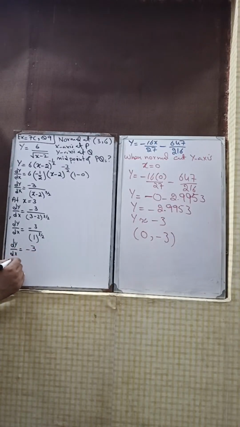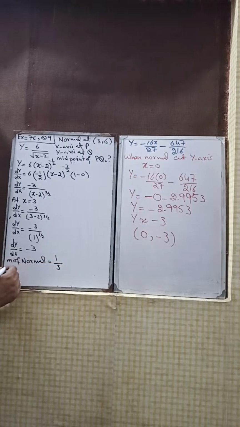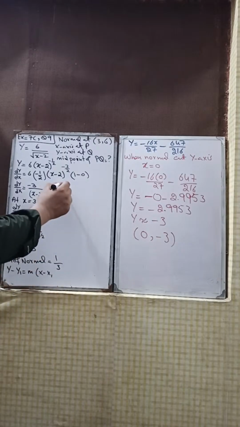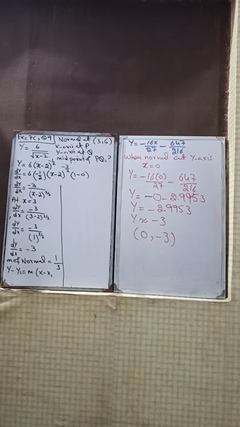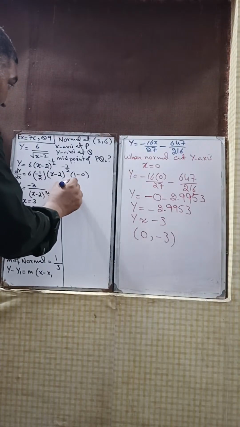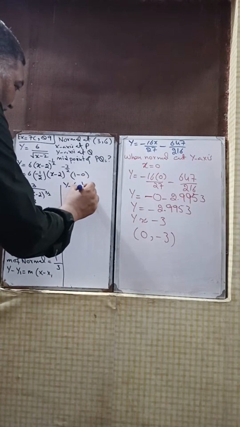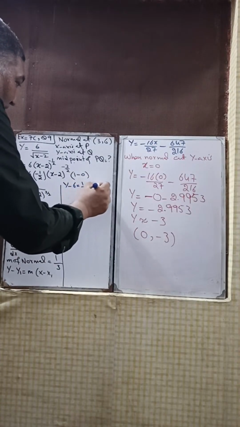Now the gradient of the normal will be the reciprocal of this with the sign changed. The equation of the normal will be y minus y1 equals m times (x minus x1). So the equation of the normal will be y minus 6 equals 1 by 3 into (x minus 3).